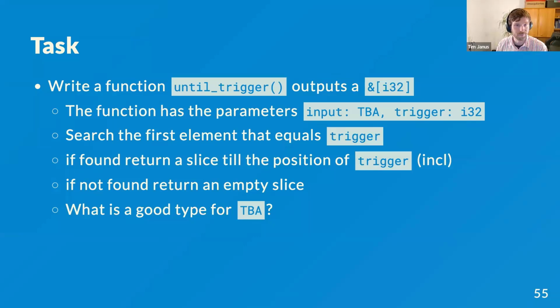So just as an inspiration: what is a good type for TBA? That's an interesting question to research about and maybe have a discussion with us in the Discord if you're open to it.